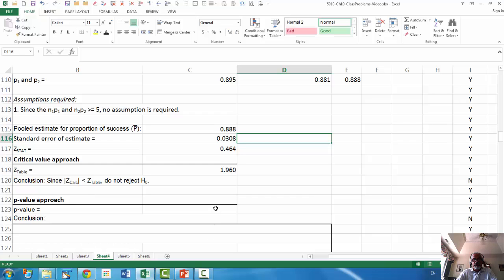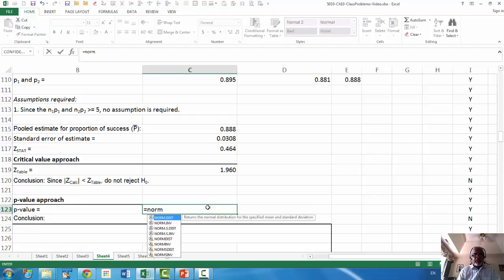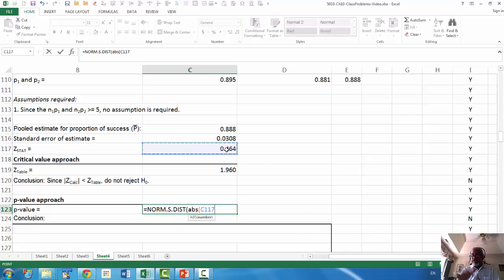Now p-value, again it's a two-tailed test, and we have to find the tail area corresponding with the calculated z. So if you do norm dot s dot dist, and then you give the absolute value of the z. It's a two-tailed test, so z could be positive or negative. So to be on the safe side, we always do the absolute value, comma 1.